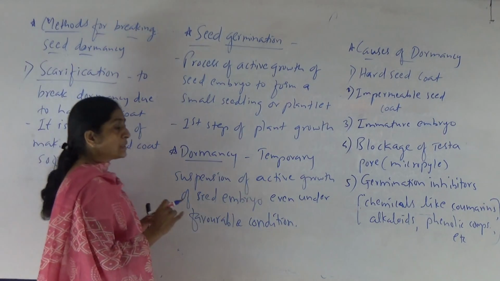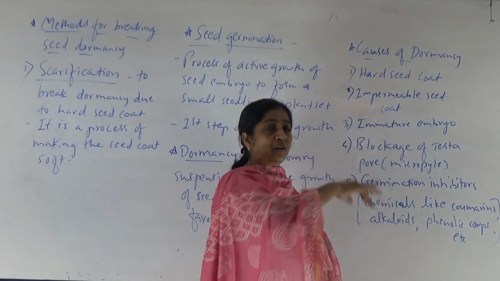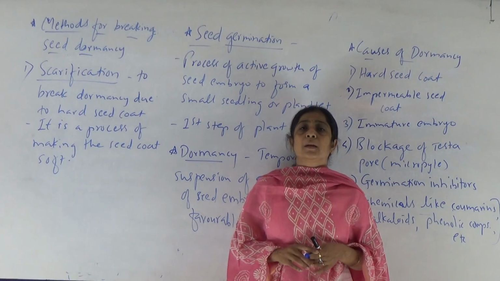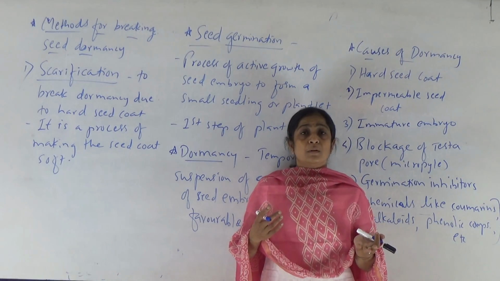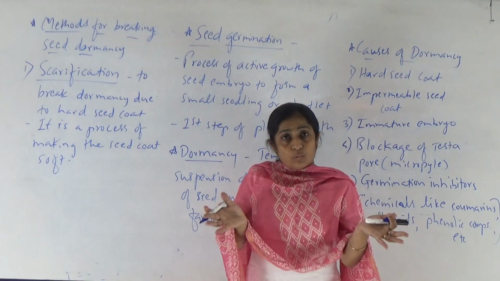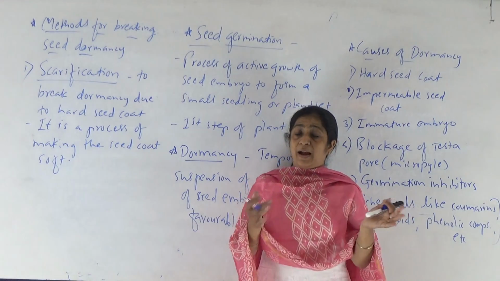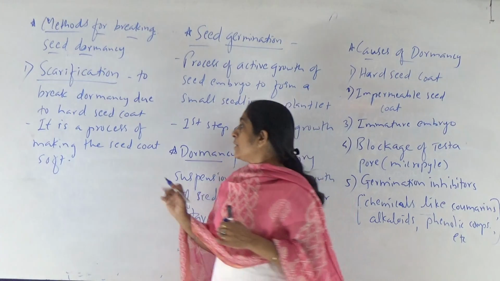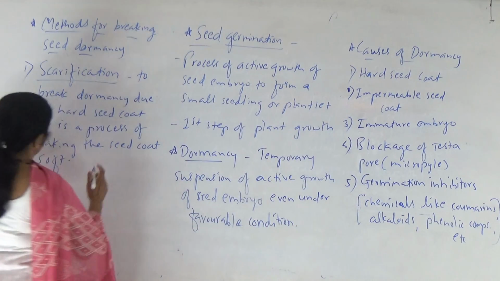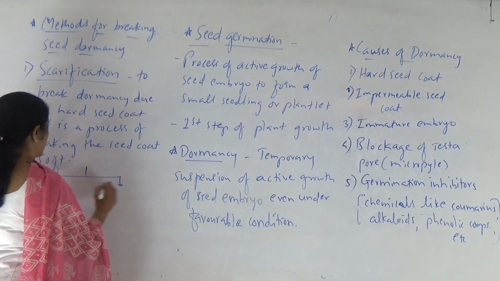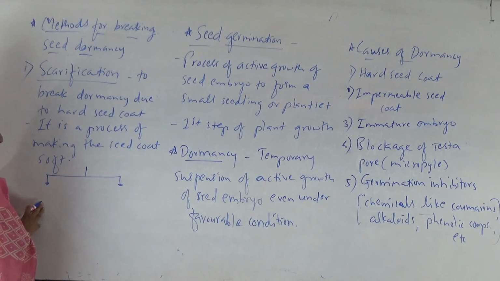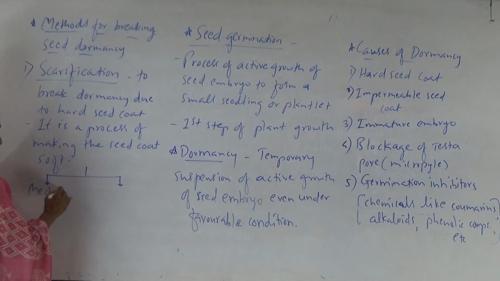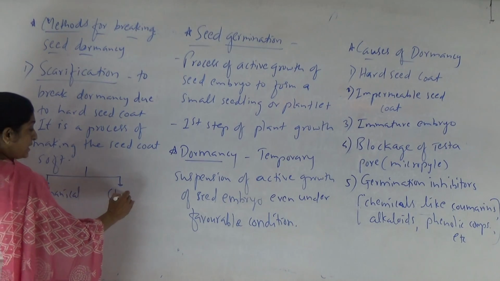So in this process, the hard seed coat is converted into a soft type, so that during the growth of the seed embryo the seed coat breaks and a radicle emerges outside the seed. For making the seed coat soft, there are two processes generally practiced. One is mechanical scarification and another one is chemical scarification.